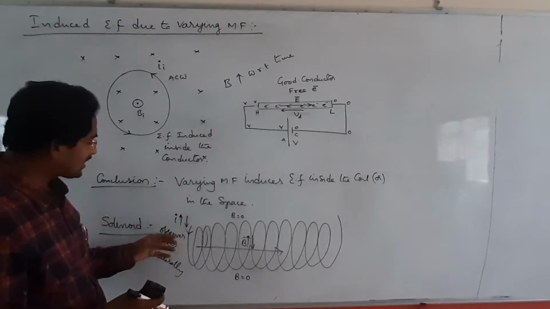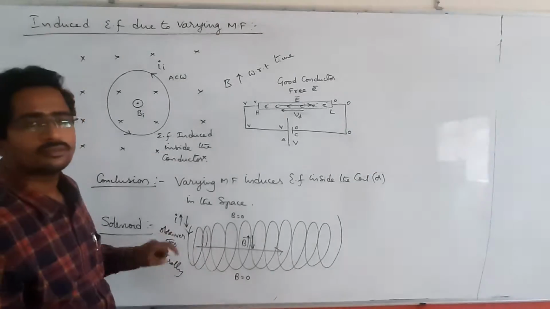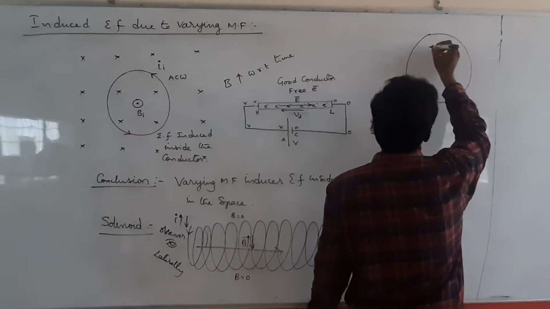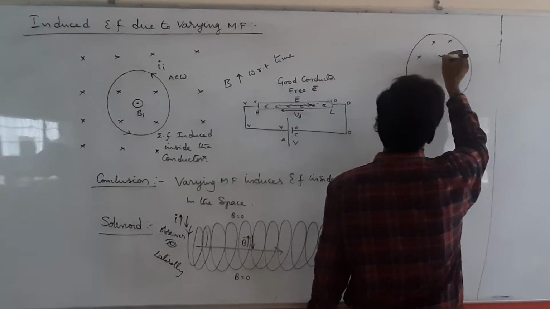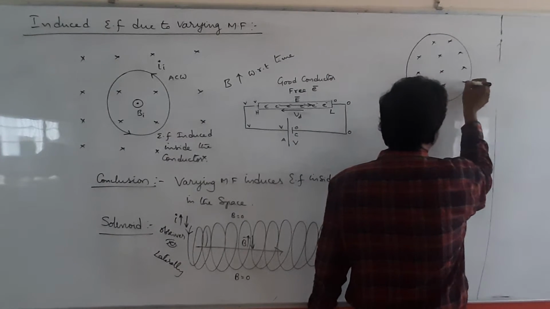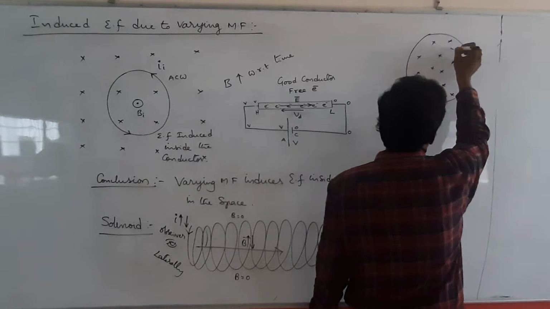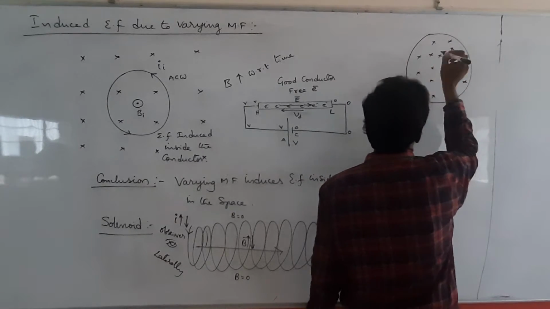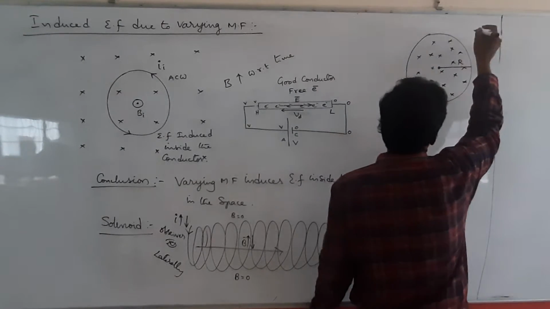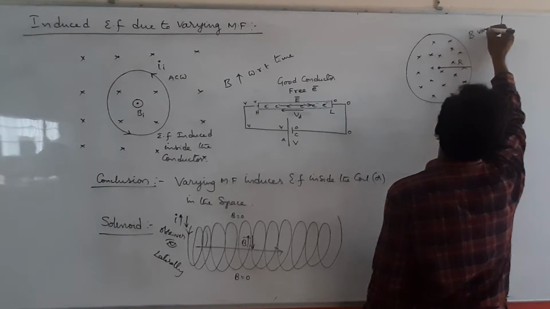The field is confined to a cylindrical region, but laterally it appears as a circular region of radius r, and here the field is varying. It is a varying magnetic field.